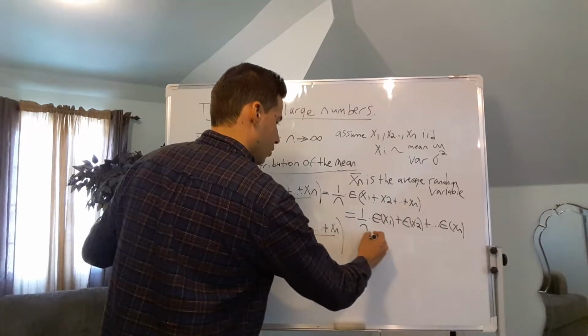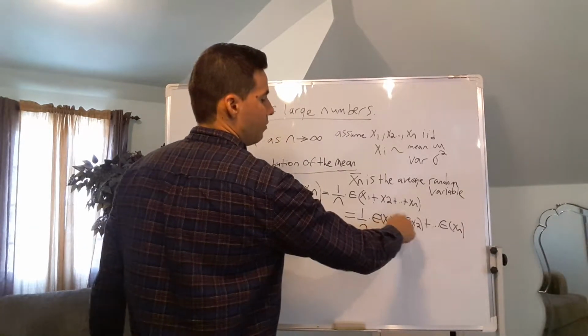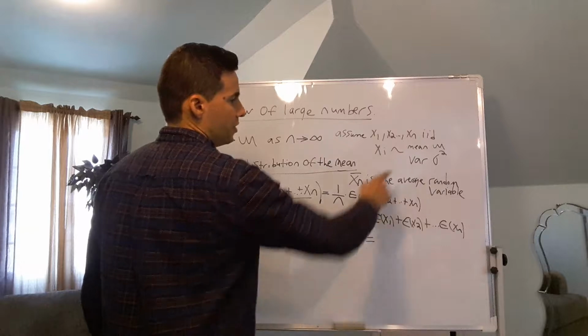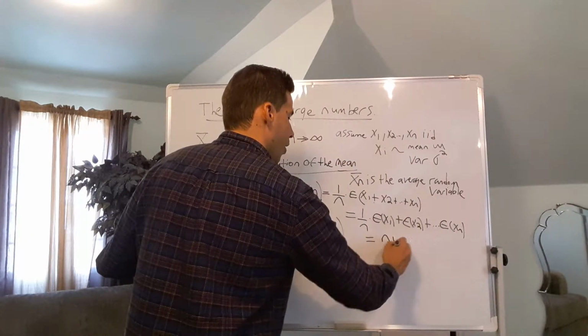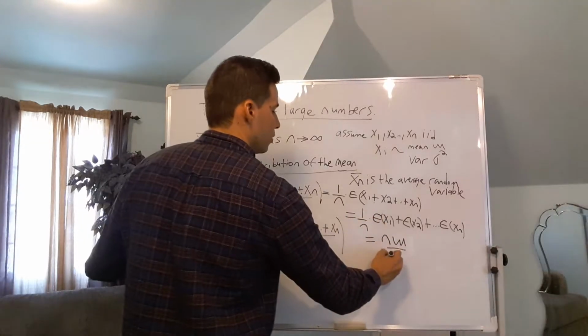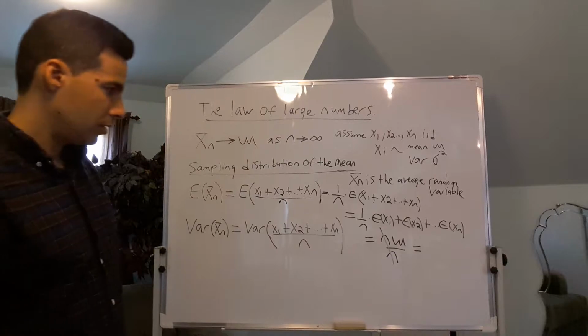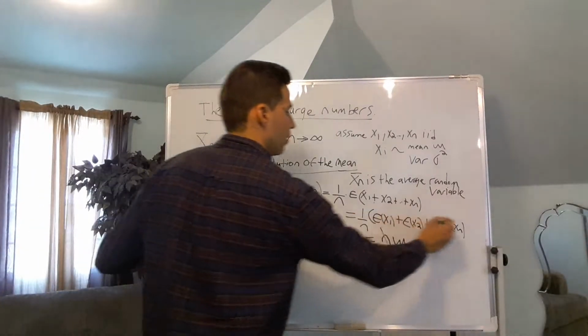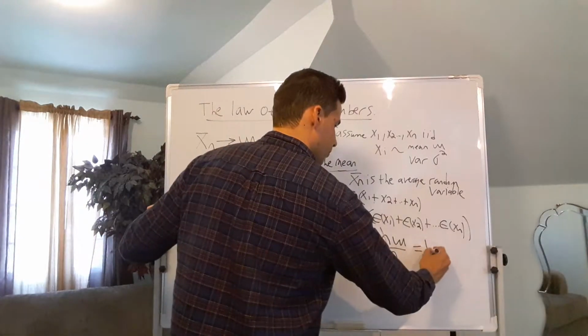So we have n of them with the same mean, so that's n mu times 1 over n. The n's are going to cancel out, and that's going to leave us with mu.